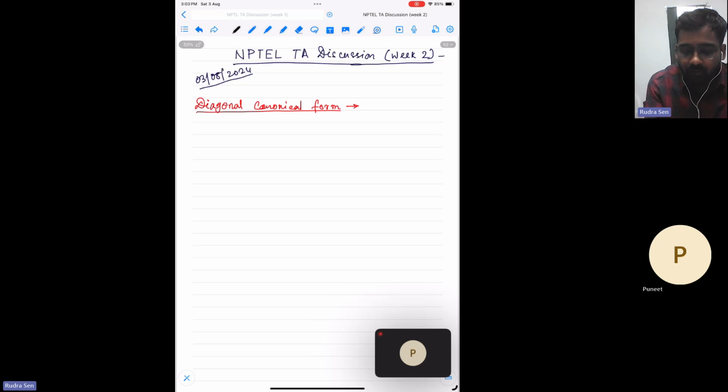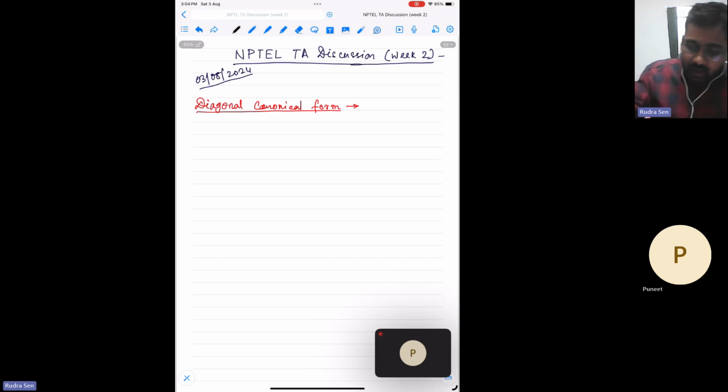In these canonical forms there is a minimum number of non-zero elements. In the diagonal canonical form, all the non-zero elements are on the diagonal. In the Jordan canonical form, the non-zero elements are also on the diagonal, but in a different structure, as you will see.